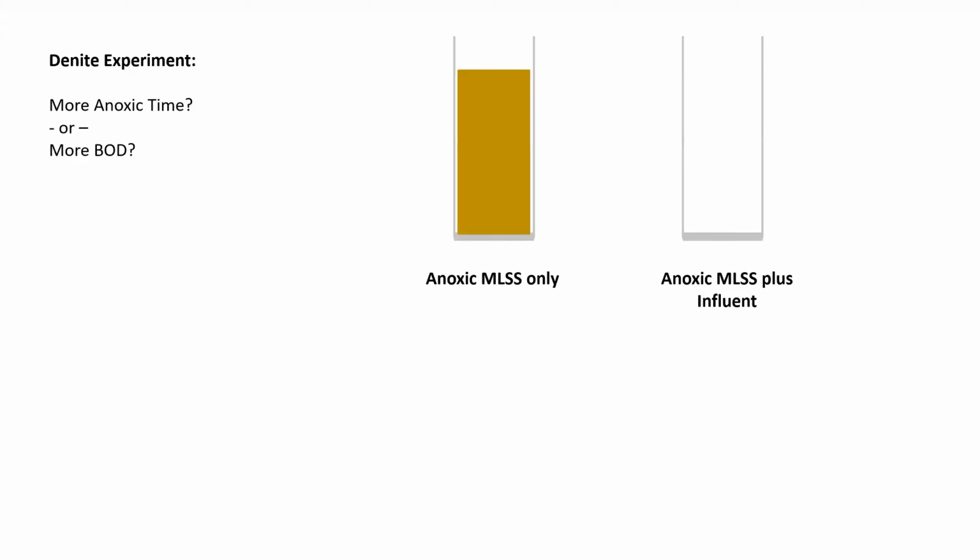So here's the idea. You take some mixed liquor from your anoxic zone and you fill up a settleometer. Then you take another settleometer and you fill it up 2/3, 3/4 of the way full with the same mixed liquor taken out of your anoxic zone, and then top it off with some influent.